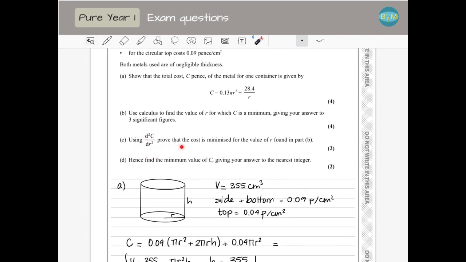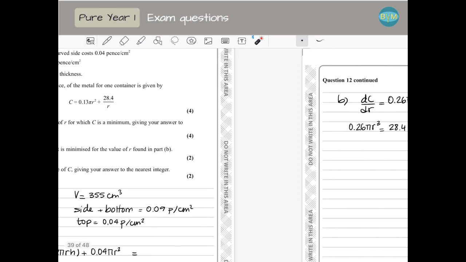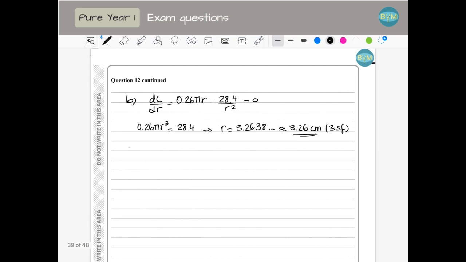Using the second derivative, prove that the cost is a minimum. So we are going to differentiate again with respect to r this expression. So this is going to be 0.26 pi, and then this is like having minus a constant times r to the minus 2.